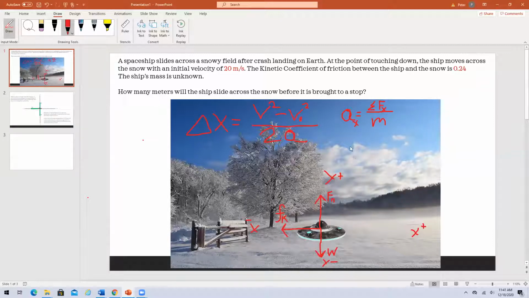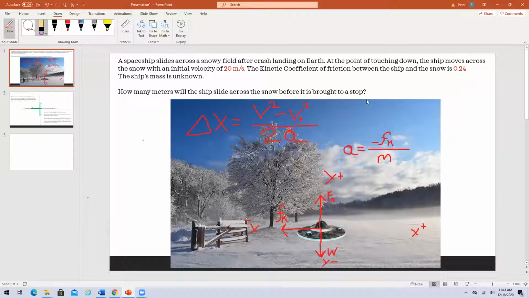So what we could say then is A is equal to the negative kinetic frictional force over m. Let me erase this here.